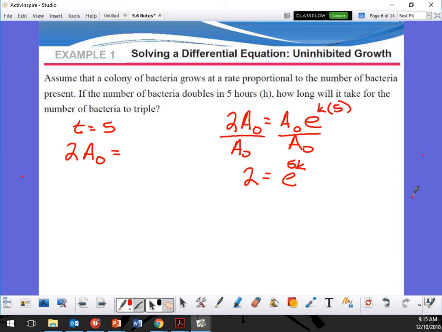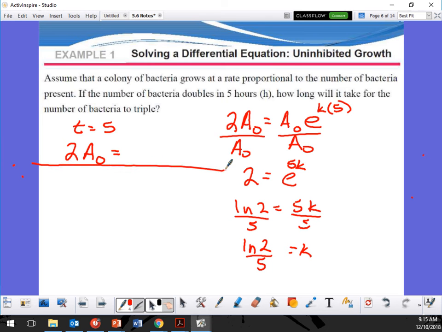Then ln, so ln 2 is equal to 5k. Divide by 5, right? k is equal to ln 2 over 5. That's important there.